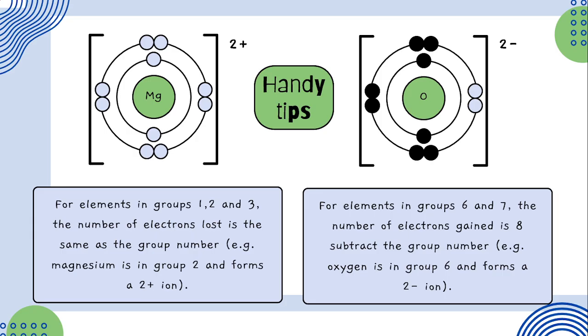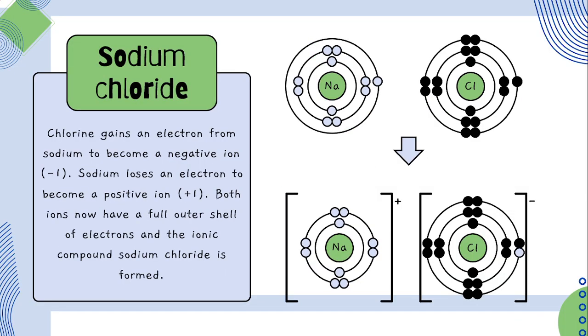For example, oxygen is a group 6 element, subtract 6 from 8, it gives you 2, which means oxygen gains 2 electrons. Chlorine is in group 7, subtract 7 from 8, you have 1, which means chlorine gains 1 electron to form an ion. Let's look at a typical compound that exhibits ionic bonding.